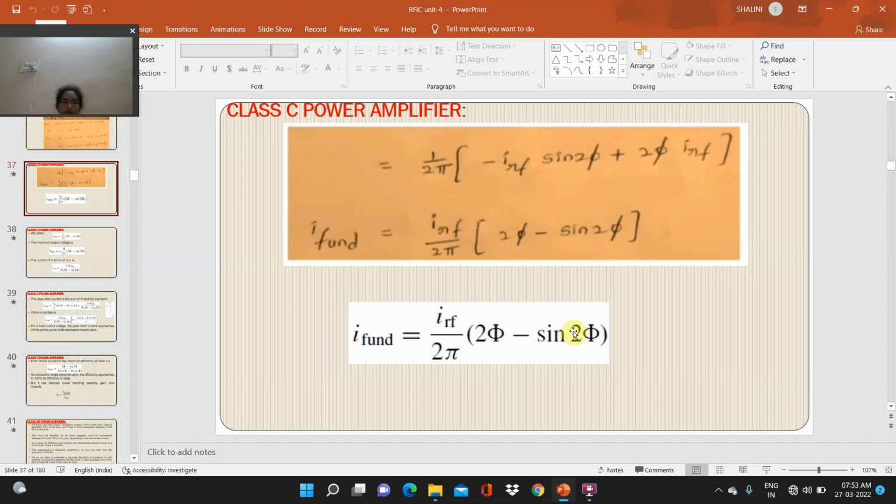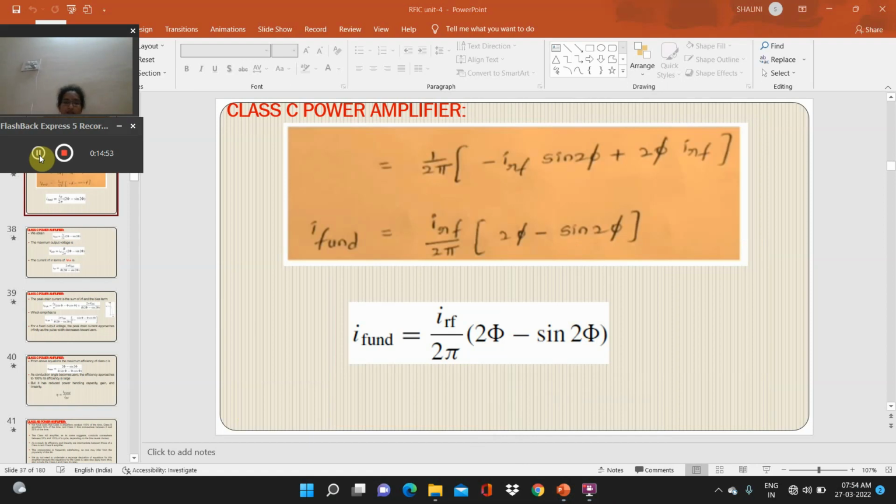Which is equal to 1 by 2 pi of minus IRF sin 2 phi plus 2 phi IRF. I fund is equal to IRF by 2 pi of 2 phi minus sin 2 phi.